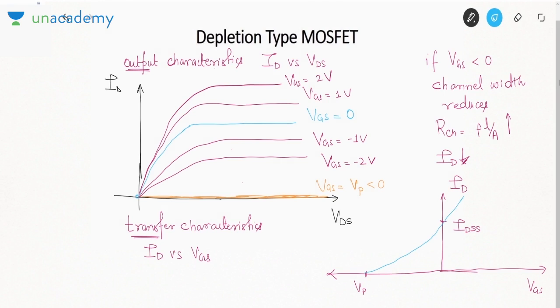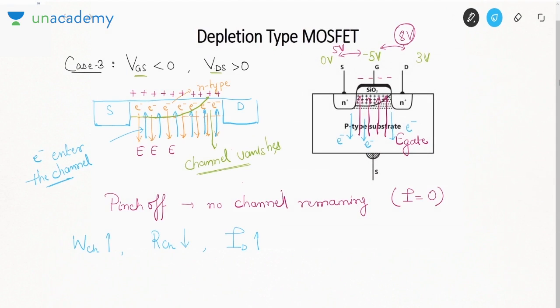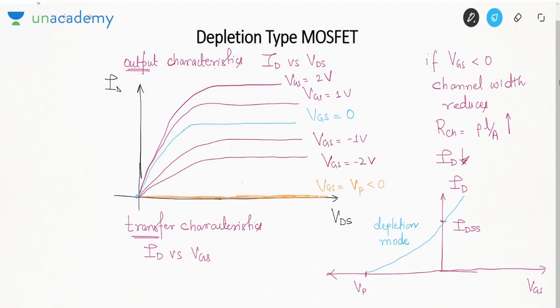In the negative voltage region, it is called depletion mode. Why are we calling it depletion mode? Because by applying negative voltage, we are removing the channel, or we are depleting the channel. If we are depleting the channel, it is called depletion mode. But by applying positive voltage, you are increasing the channel width. It is called enhancement mode.